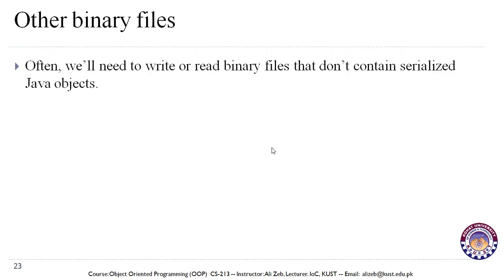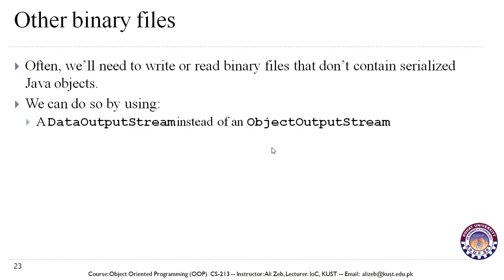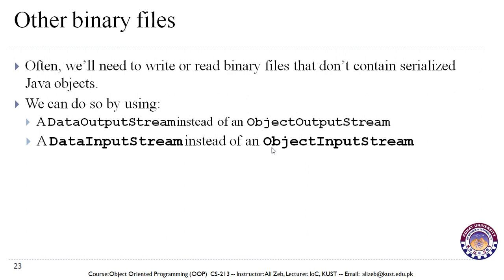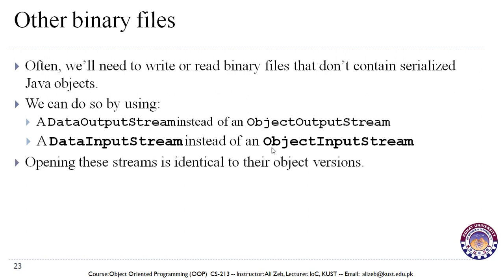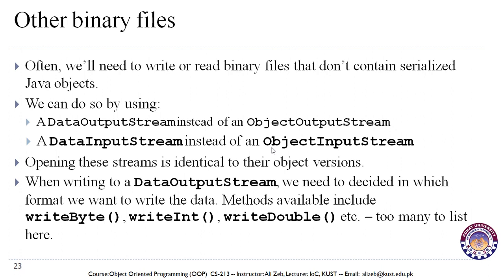So often we'll need to write or read binary files that don't contain serialized Java objects. We can do so by using a data output stream instead of an object output stream. We can use a data input stream instead of an object input stream. Opening these streams is identical to their object versions, as we just saw in the example.